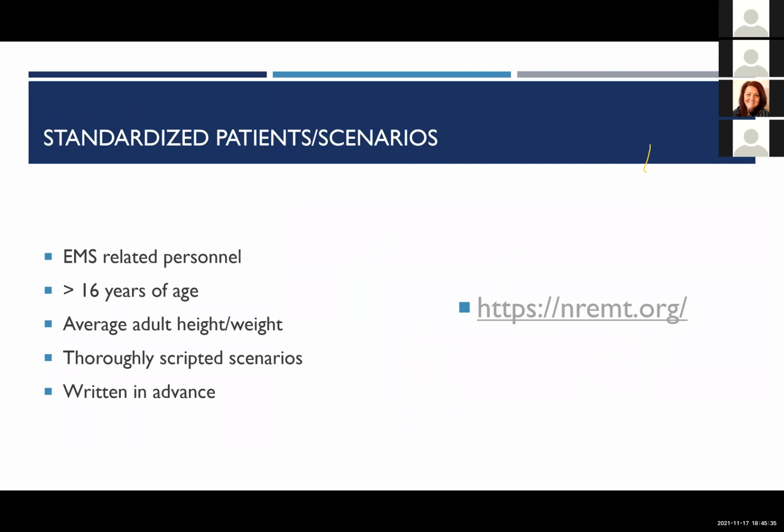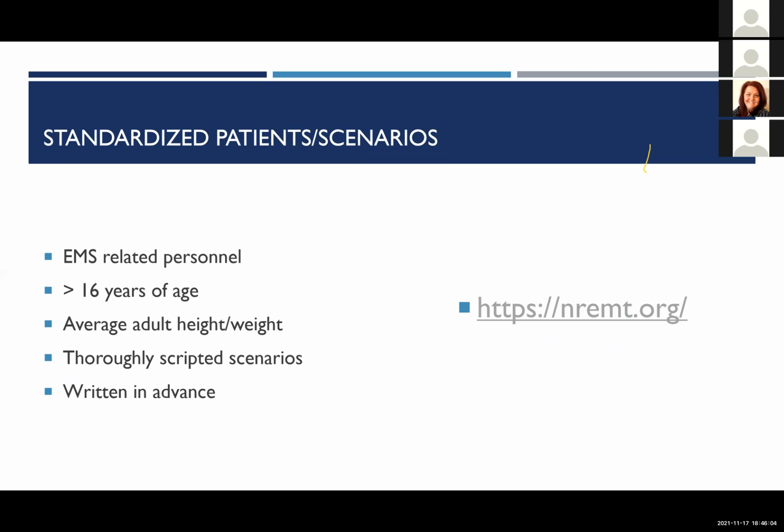We should also, another best practice, use standardized patients and standardized scenarios. They should be established well in advance prior to the observation day, okay, prior to the exam session. The National Registry guidelines dictate that any live patient should be EMS related.